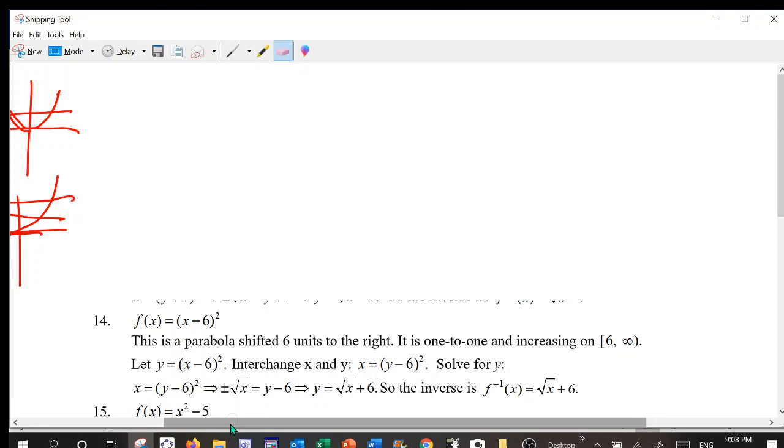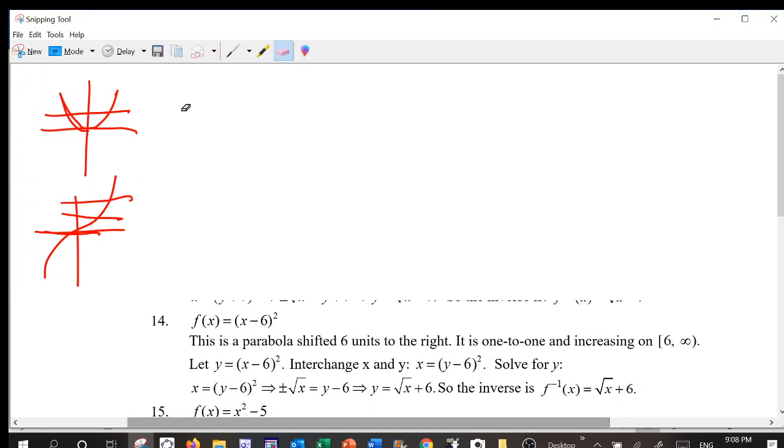Now, for example, this function right here, is it one-to-one? Well, let's graph it. That's just x squared moved to the right 6 units. So 1, 2, 3, 4, 5, 6. It's kind of like that. Is it one-to-one? Obviously not.